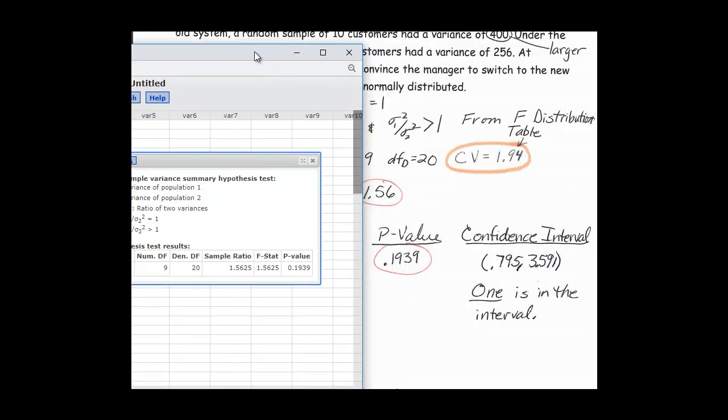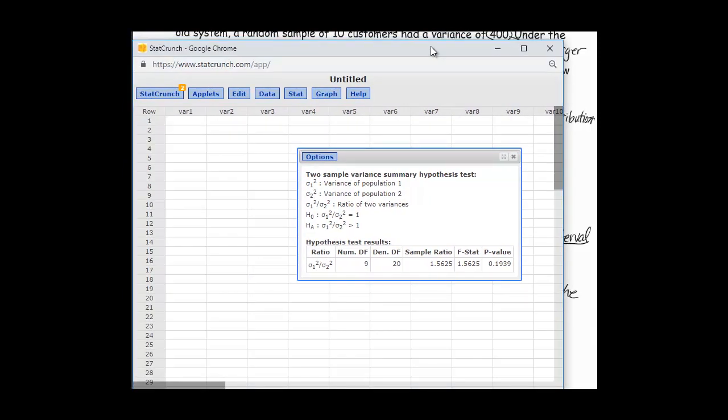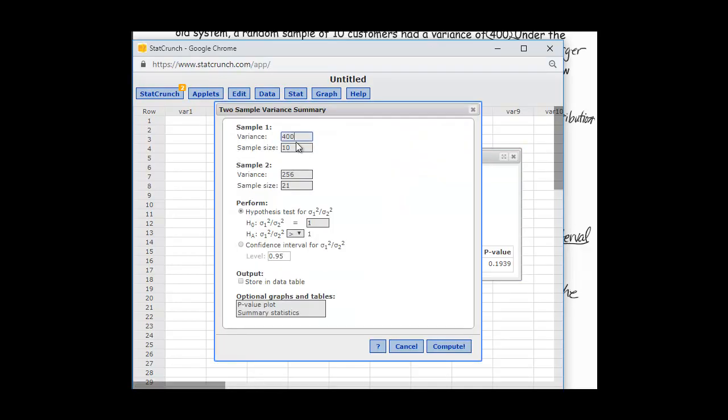Now I'm not going to ask you to do a confidence interval, but I want to show you how that would work because it's not different from anything we've done before. I just know that you're not going to be asked this on my MyMathLab. But you go to Edit, same thing, we're going to click the confidence interval. But remember, this was a right tail test where we had 10% alpha in the right tail.